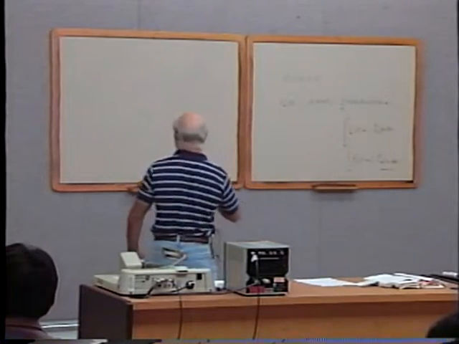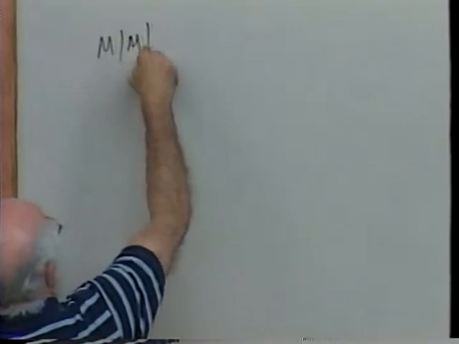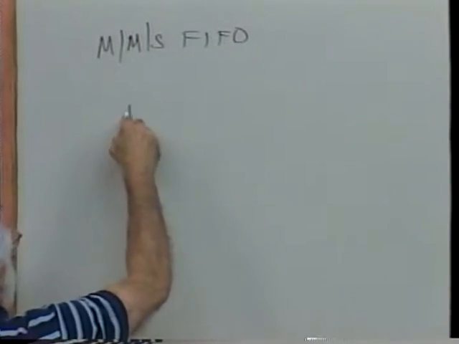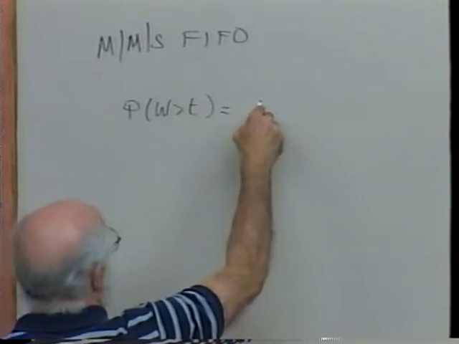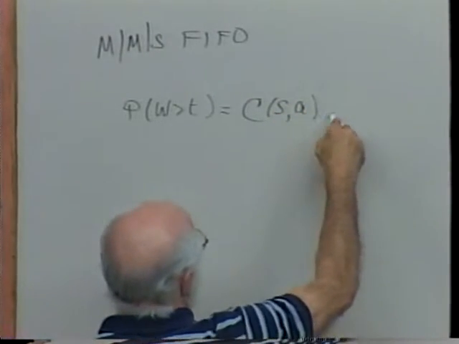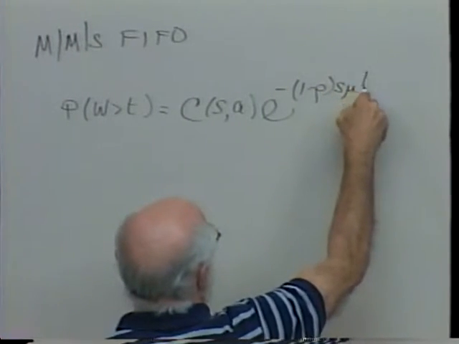Let's see. We know that for M/M/S FIFO, the probability of waiting greater than t is the Erlang C times e to the minus (1 minus rho) S mu t.